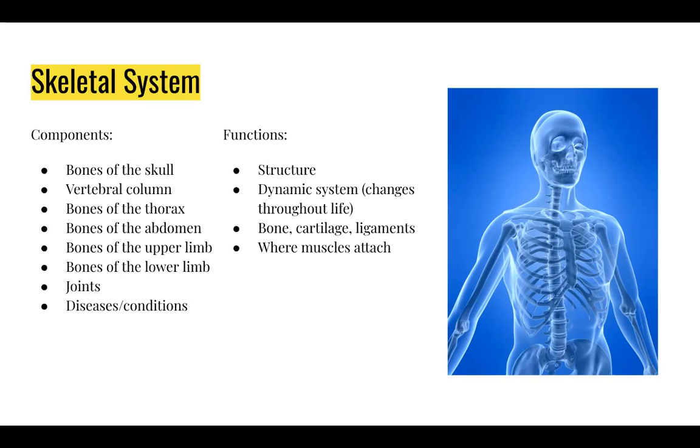When you break a bone, it has to heal back together. The skeletal system is made of bones, cartilage, and ligaments, and as you recall from last week's lesson, bone and cartilage are connective tissue. Another function of your bones is where your muscles attach. So those are the functions.